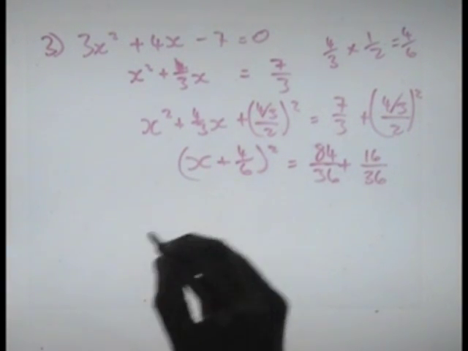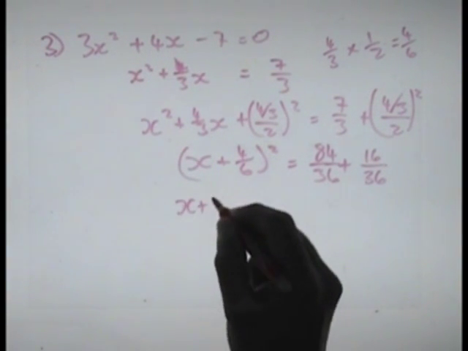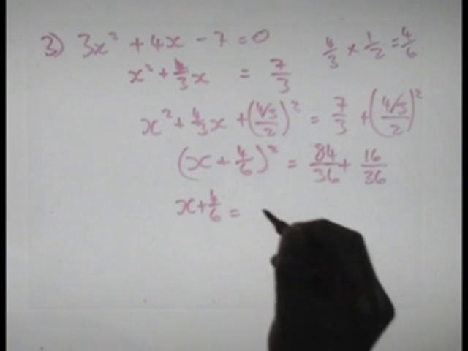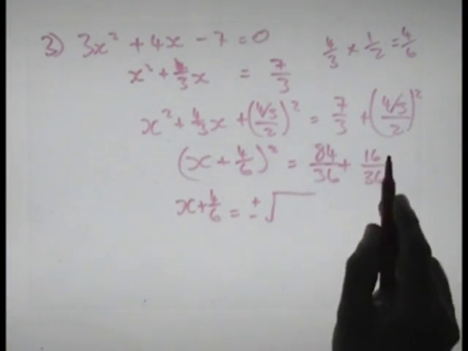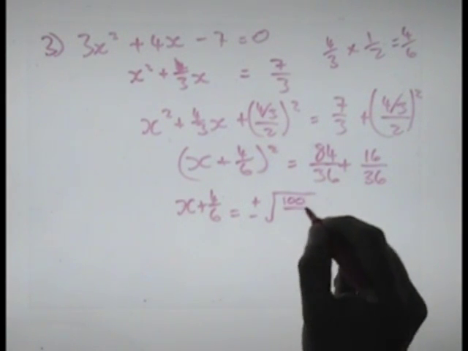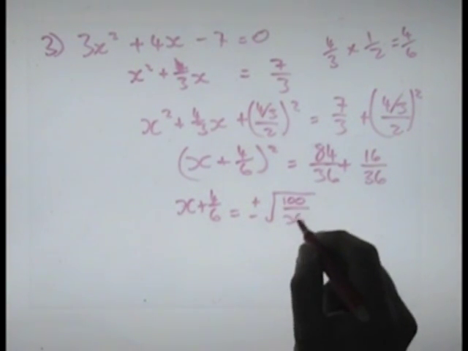That means that x plus 4 over 6 is equal to positive or negative square root of 84 plus 16, which is 100 over 36.